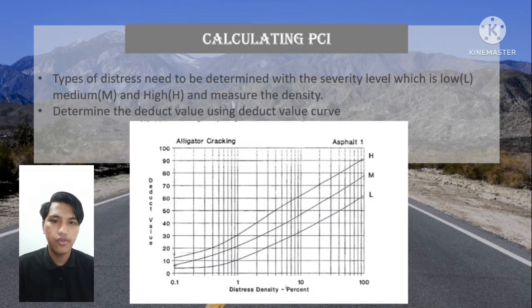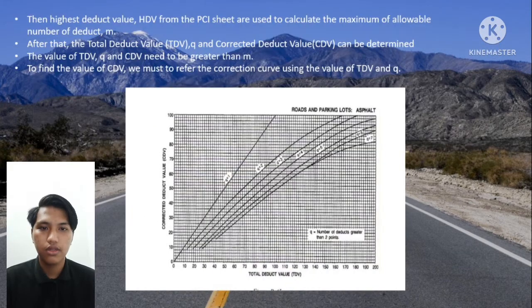After we get the value of the density, we can determine the deduct value using the deduct value curve. The deduct value curves used are different based on the different distress. For example, the diagram shows the deduct value curve for alligator cracking.